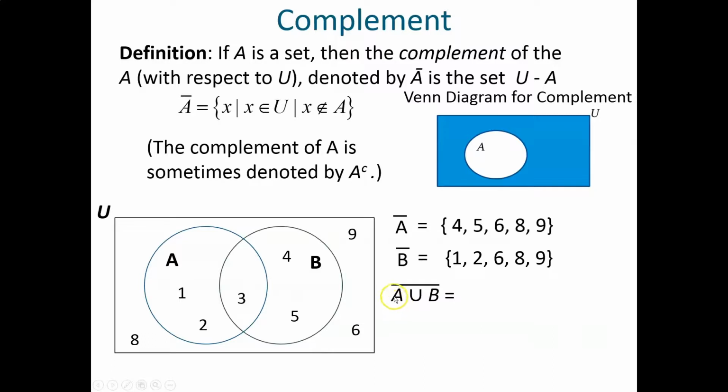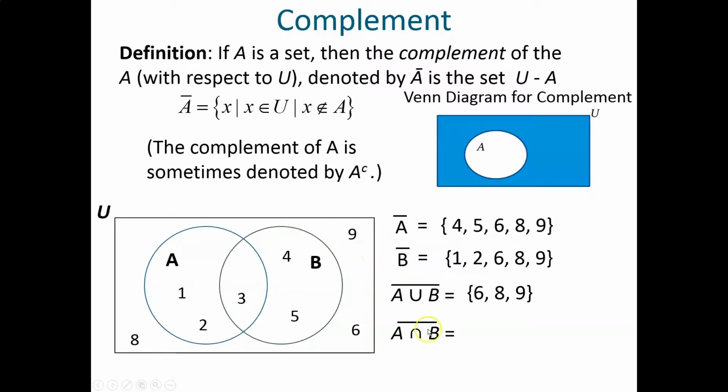Complement of A union B. So what is the A union B? Meaning everything in set A and set B, including what's common. So complement means everything that does not belong to set A or set B, both of them. So in this case, my answer is 6, 8, 9.